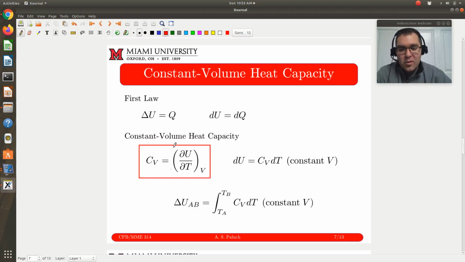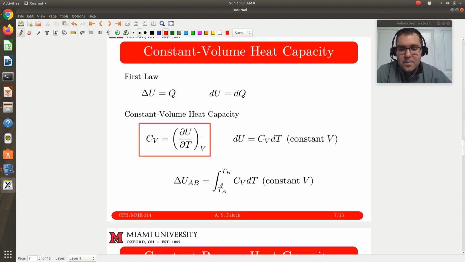So the curly symbol tells us that U is a function of multiple variables. Here I'm differentiating with respect to T, and the subscript V tells me that V is being held constant. So it's a change in U with respect to T while V is fixed. And if I want to calculate the change in U for a given process, I can evaluate that as the integral of CV dT.